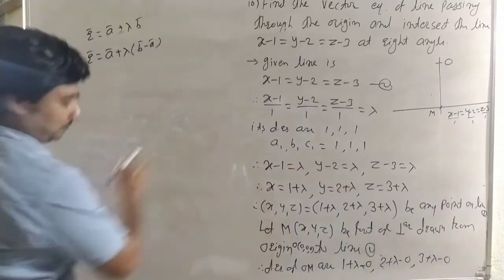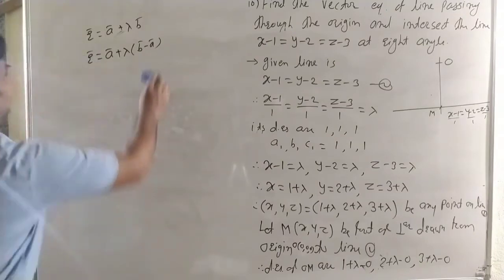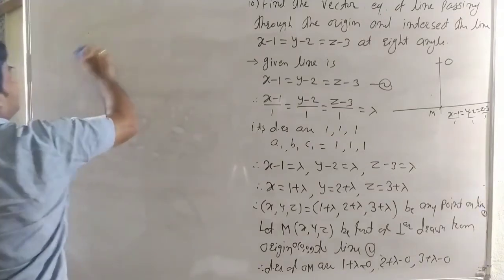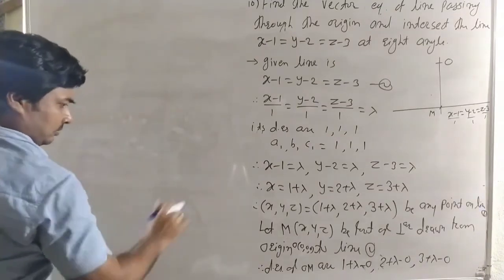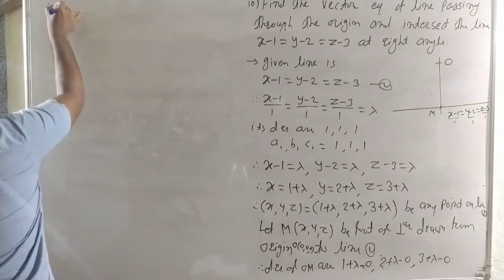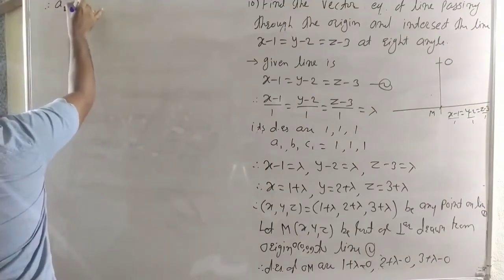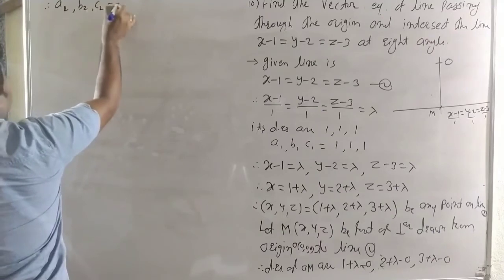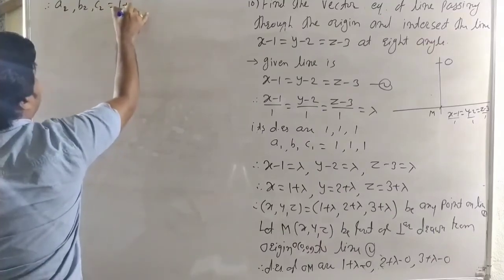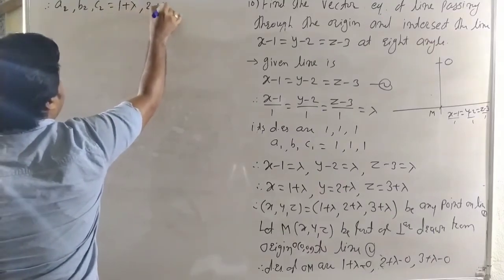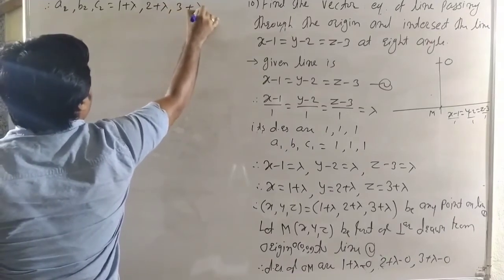Therefore a2, b2 and c2 are 1 plus lambda, 2 plus lambda and 3 plus lambda.